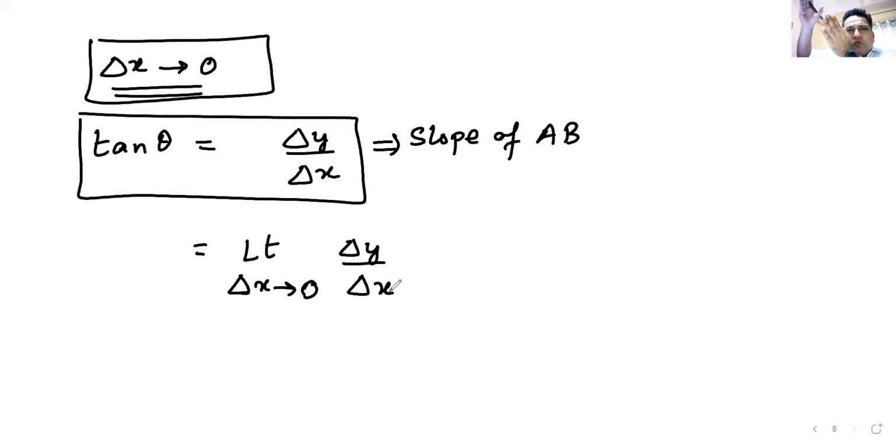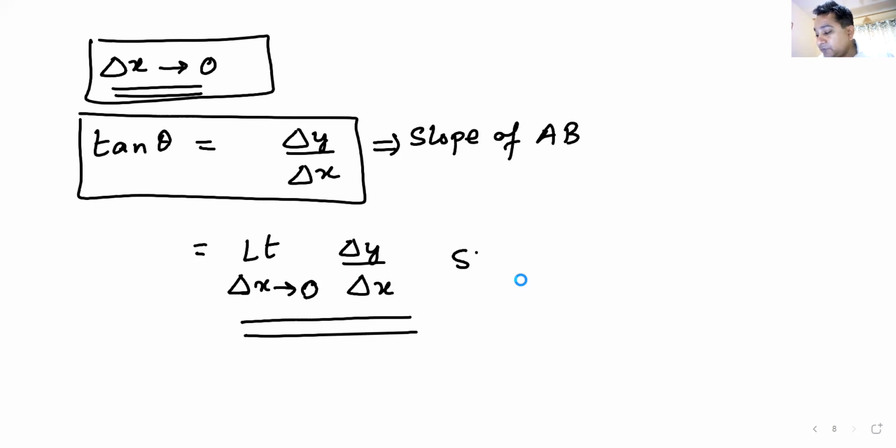When point Q becomes very, very close to point P, so close that P and Q almost become the same, what will this thing tell me? This will give me what? Slope of the tangent.